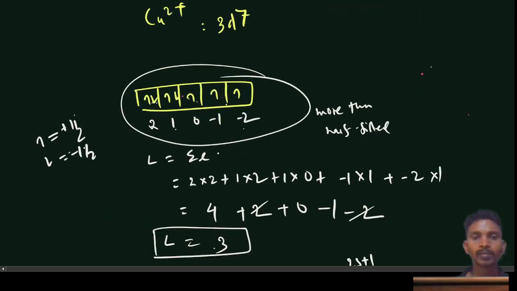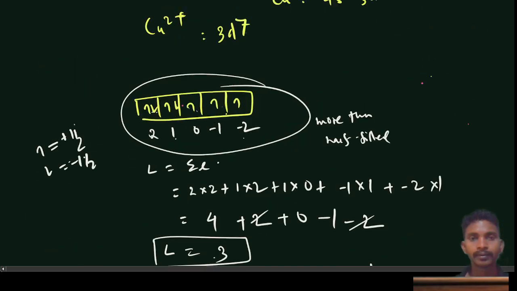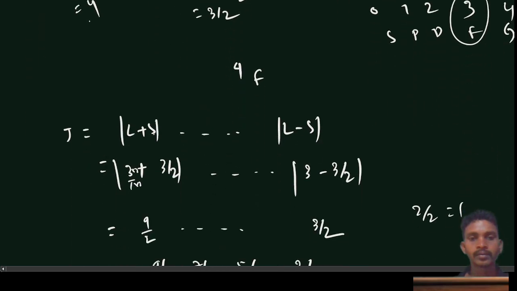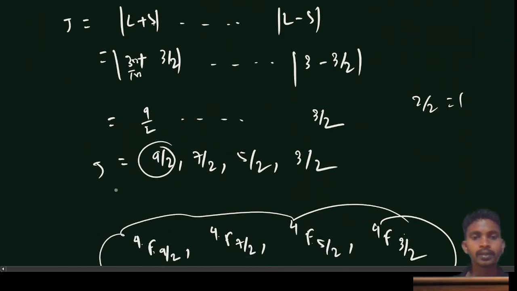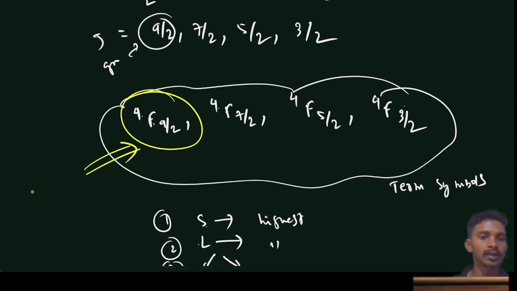So this value will be the ground state. This value will be the ground state.